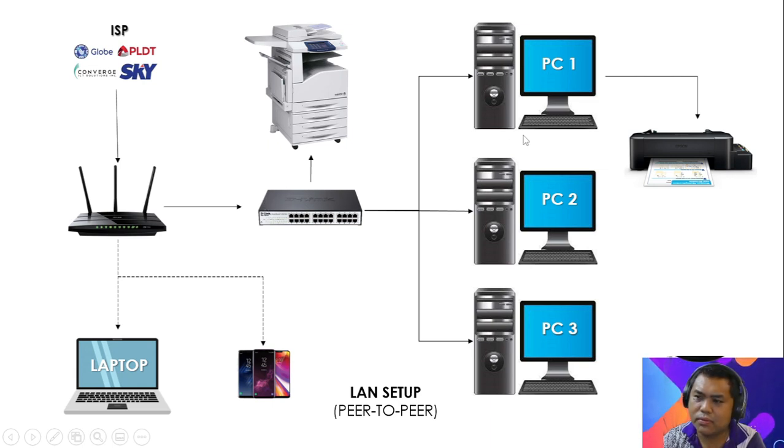We have 3 computer sets here connected to a switch, connected to a router, etc. We have a laptop connected via Wi-Fi. Everything we want to achieve after the training is here. So, this is your typical LAN setup. It's a peer-to-peer network.